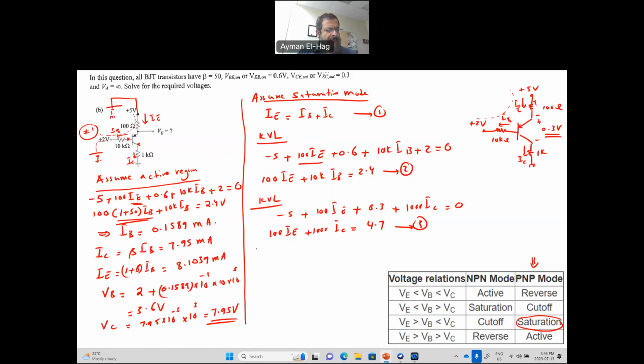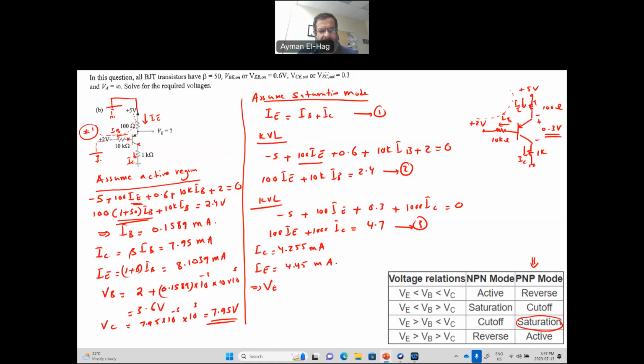So if you do that, you will find your IC equal to 4.255 milliamp. Your IE is equal to 4.45 milliamp. Now, what do we want to find? We want to find your VE.